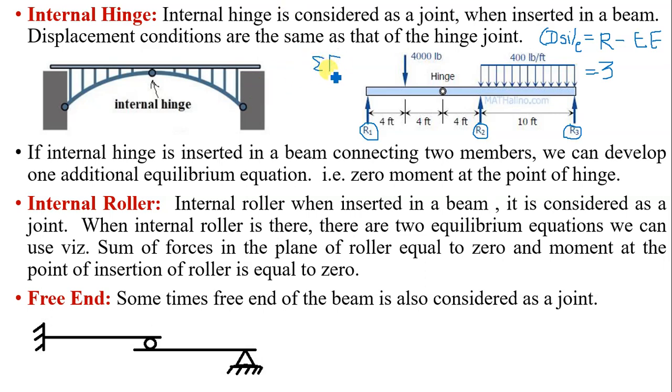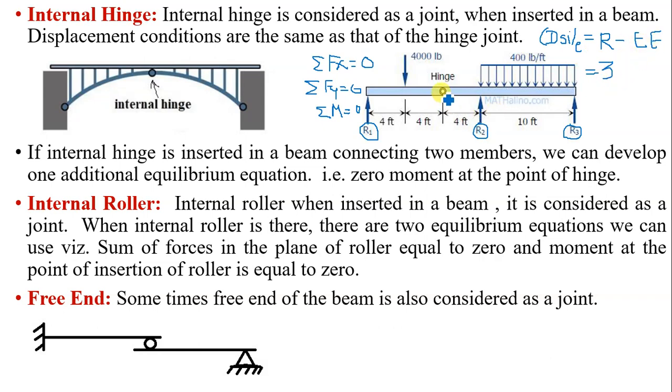Available equilibrium equations: already we have discussed in the case of a beam, we are not considering the first equilibrium condition, summation Fx is equal to 0, because the load is horizontal. So now we have only two equations, summation Fy is equal to 0 and summation M is equal to 0. Two equations, three unknowns.